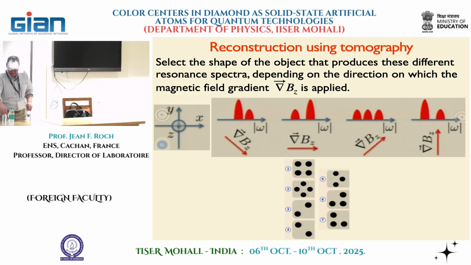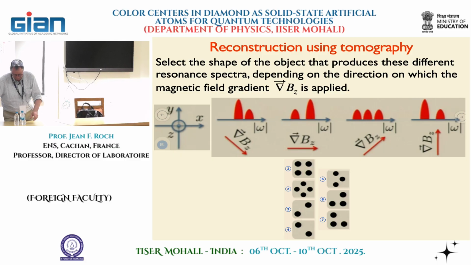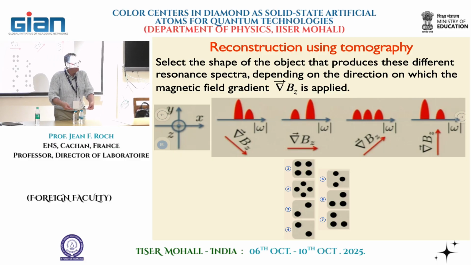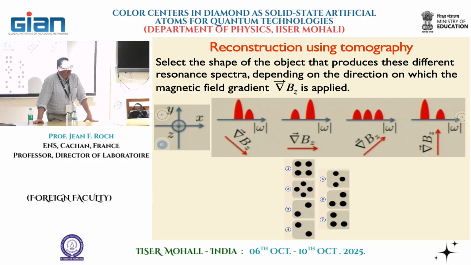So I have this. For instance, suppose now I do that with the same bottles. Suppose I apply my magnetic field gradient in this direction. What will I see? I will see a signal from here to here 2 times, and 1 time here.